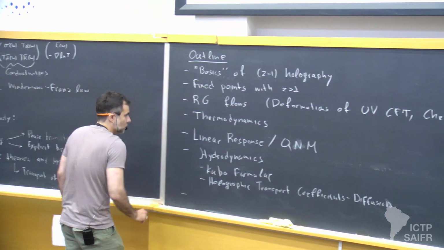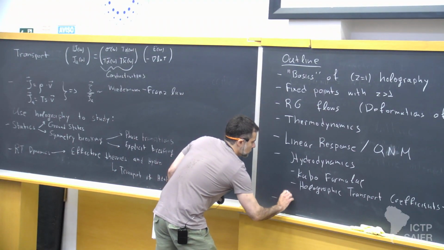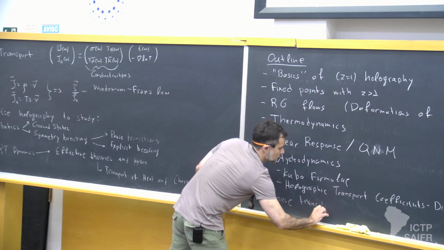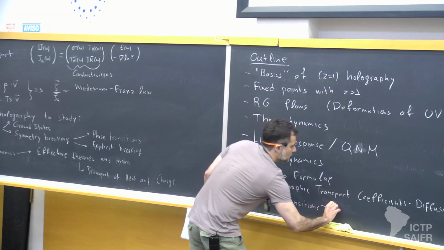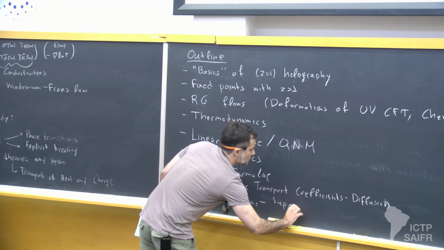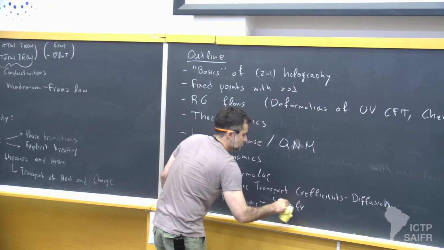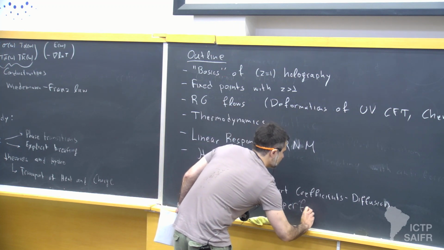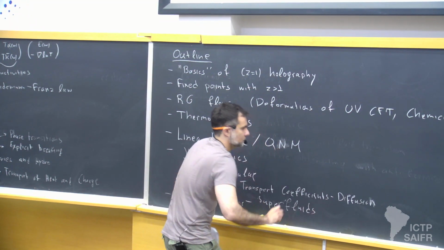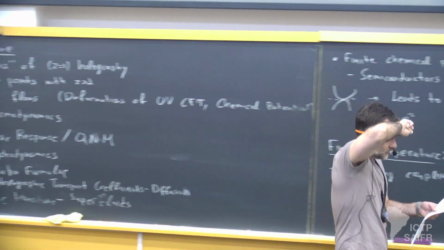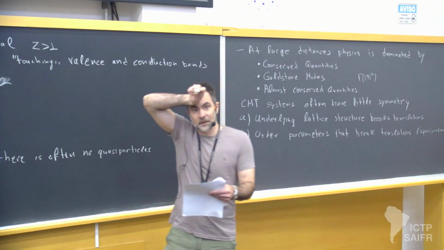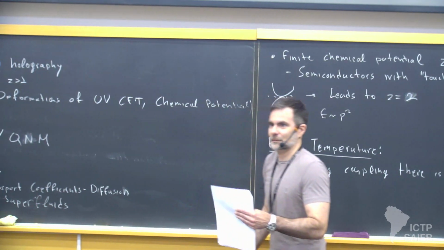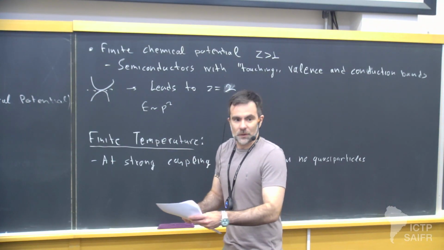And if there is time, I hope there is time, we are going to talk about phase transitions and superfluids. Okay, so I think it's a very modest set of things we can look at in AdS/CMT. I hope you will get something out of it. Okay? Good. Yes?